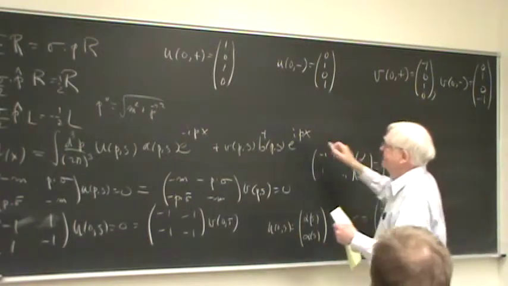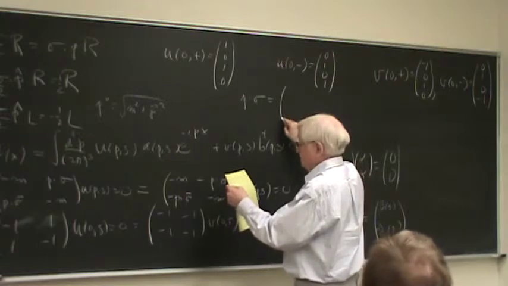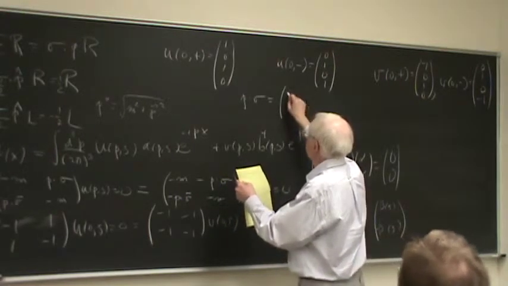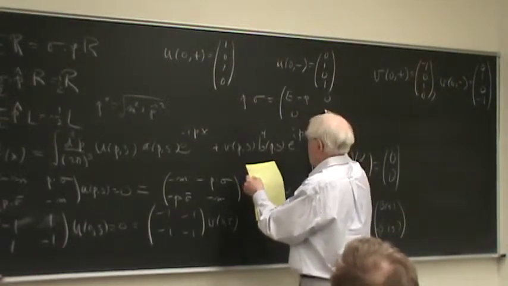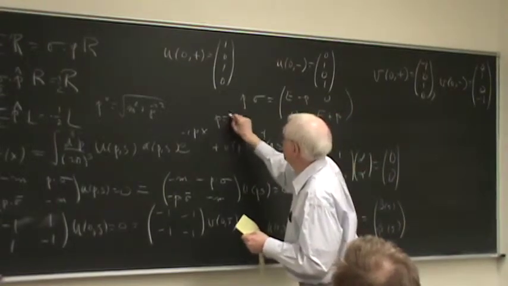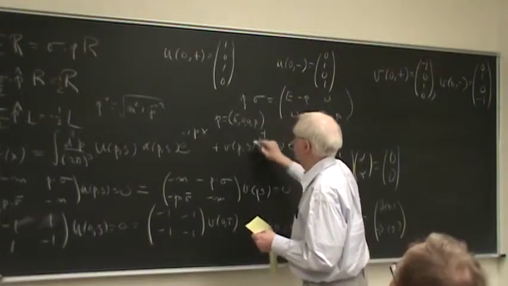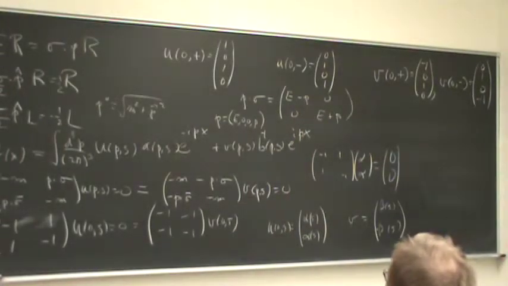So, what is p dot sigma? Well, it is, and now this is a 2 by 2 matrix, E minus P, 0, 0, E plus P. This is because p here is E, 0, 0, P. Okay, and P is P_z, but I'm leaving off the subscript z.